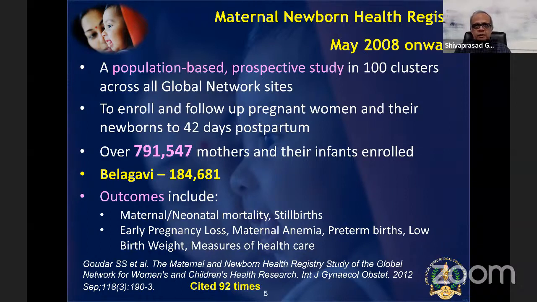And the basic focus is to enroll all pregnant women residing in the study clusters and track their outcomes through 42 days, both the outcomes of the mother and the newborn, to get maternal mortality, early neonatal mortality, stillbirth rate, and neonatal mortality or perinatal mortality, and some indication of morbidity as well as measures of health care, including access to skilled birth attendants, facility-based births, C-section, etc.